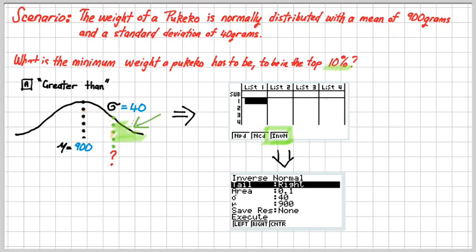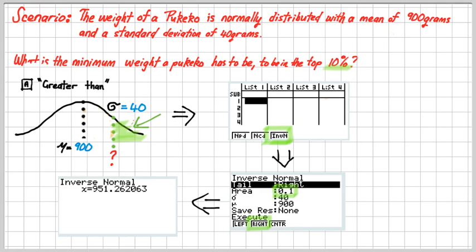I've got the area equals 0.1, for the 10%. My standard deviation is 40, mean is 900. Just highlighting a few key parts there for you, and I get an answer. The answer is telling me that I'm approximately looking for a value of 951 grams.